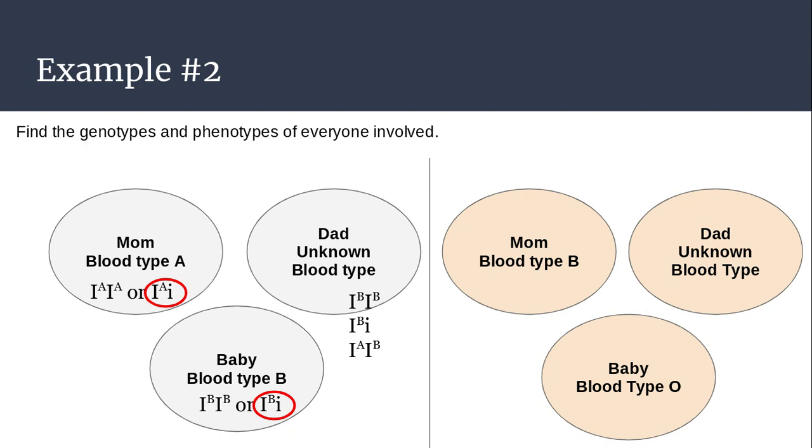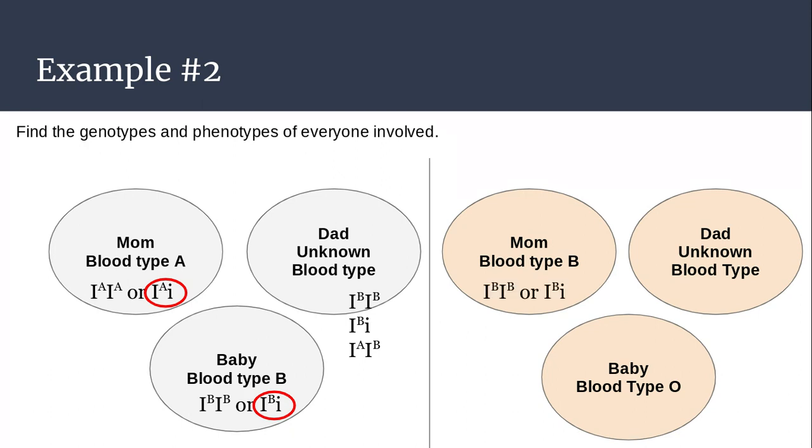I should say three options, sorry. So dad has to be either big B, purebred for B blood, heterozygous for B, or it could be AB. We are not given a full enough amount of information to solve this, but we know dad has to have some sort of B blood.